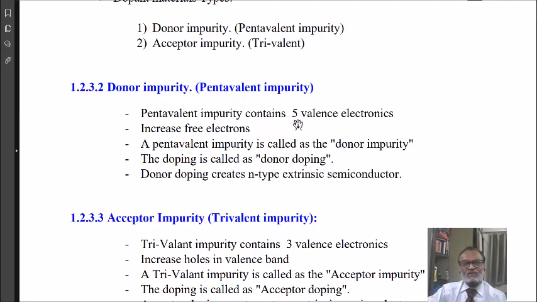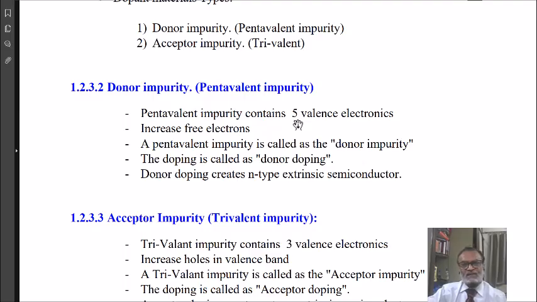And 1 electron remains loosely bound with the nucleus, and with slight energy it will jump to the conduction band and is easily available for conduction. So it will donate 1 electron per impurity atom.